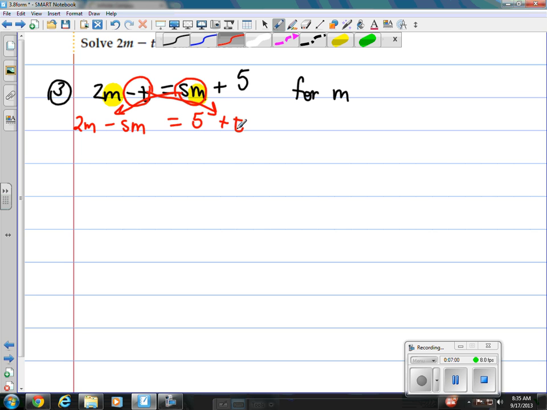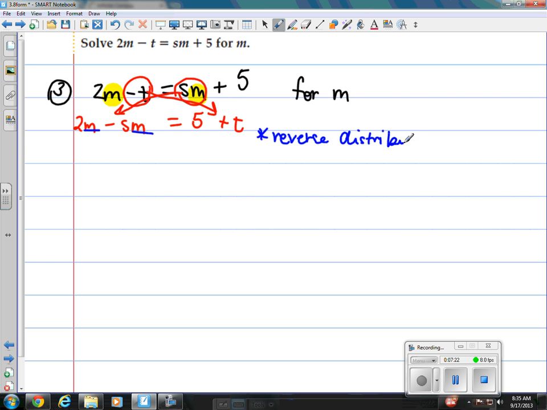So what do we need to do then to be able to get our m's by themselves? What we're going to have to do with this step, where we have 2 terms and each one has an m, is reverse the distributive property.